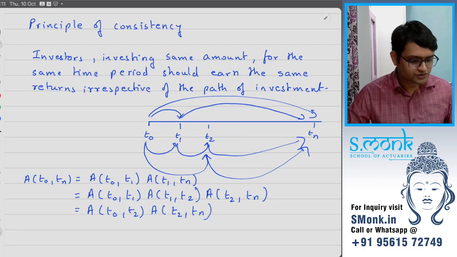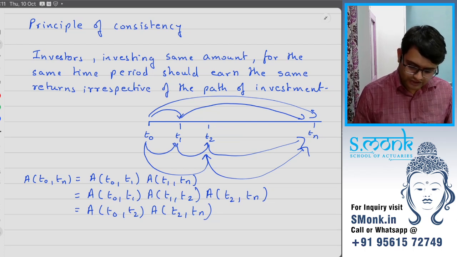So everybody understood? Some people joined late, so let me know, just read this, what we are saying here. We are saying irrespective of the path taken of the investment, the returns should be the same. That is why the accumulation, if directly gone from time 0 to time n, should be the same as if we are going from time 0 to time 1 and then reinvesting from time 1 to time n.